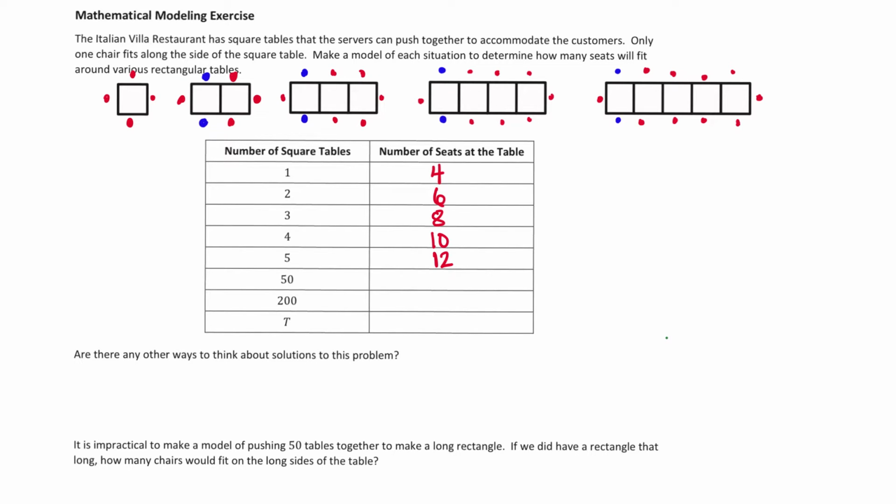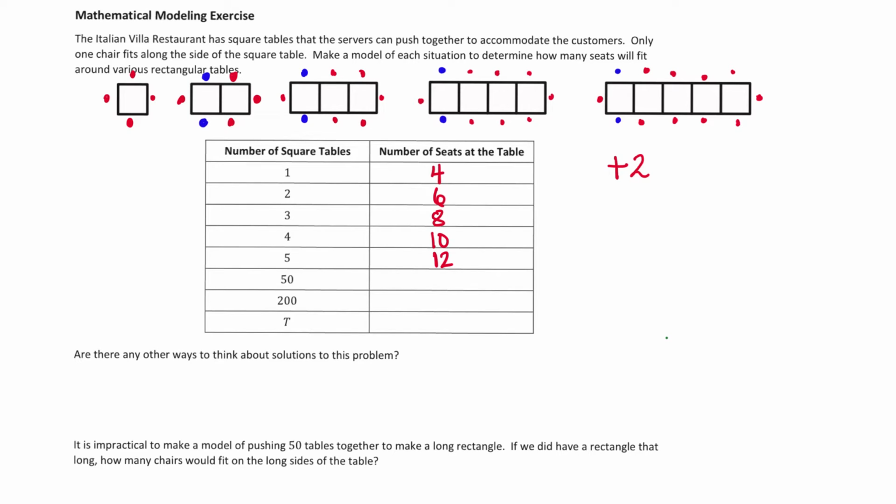So how can you represent that as an expression? If you think of the ones that stay the same, it will be a constant. It doesn't matter how many squares you add, that would always be the same. So I'm going to say for every square that you have, you're always going to add 2 seats because it is very consistent through the pattern. The end seats, they're always the same.